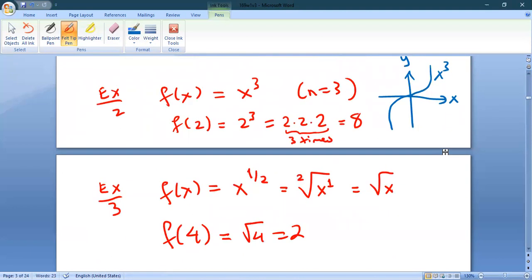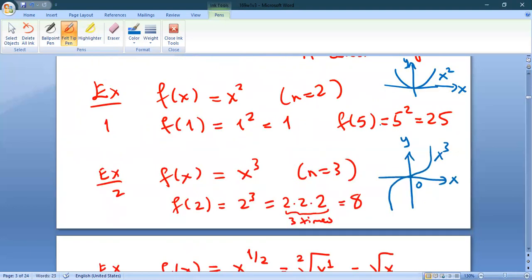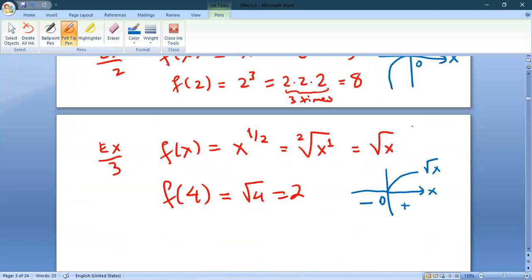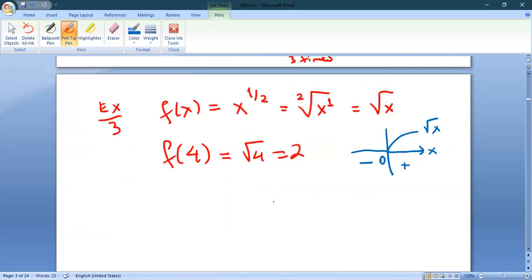Okay, and square root function looks like this. It's only defined for positive numbers. This is the positive part, this is the negative part. As you see, there is nothing defined for the negative numbers. And it starts from 0. This is 0, by the way, the intersection here. And it goes like this.